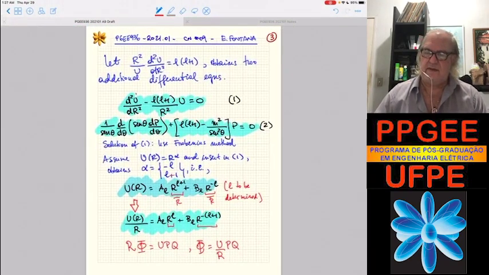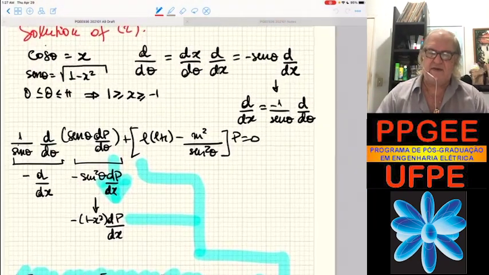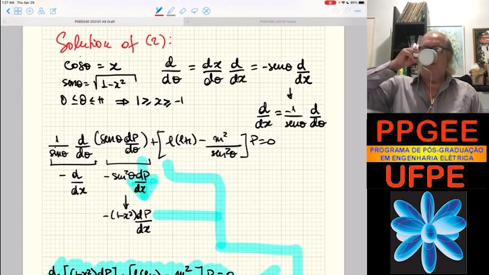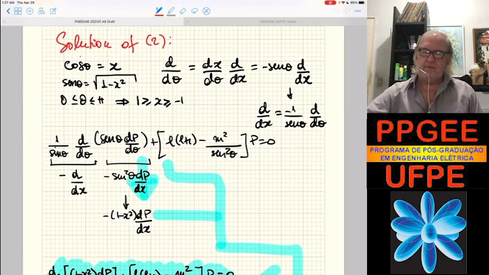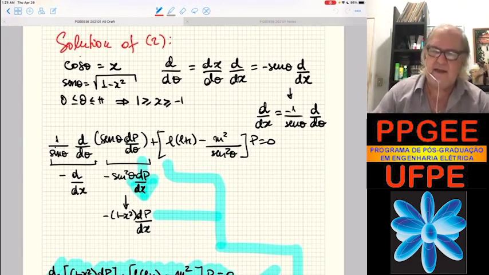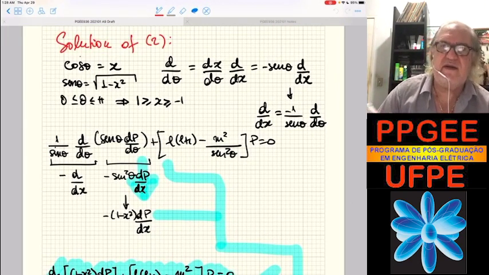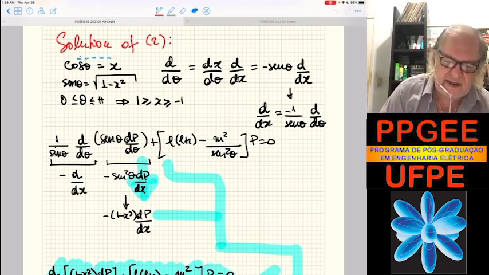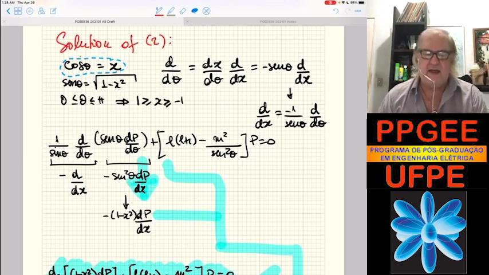Well, the solution for the angular function is conveniently obtained by doing a separation, changing variables. I'm sorry that I have this ambiguous notation.